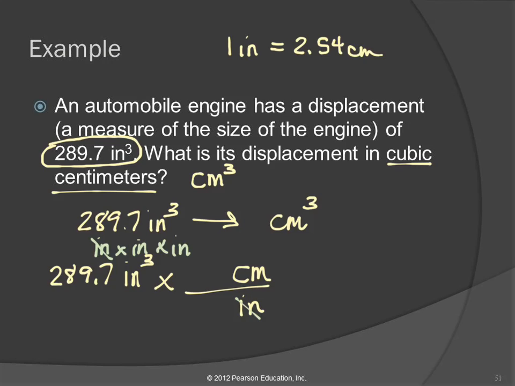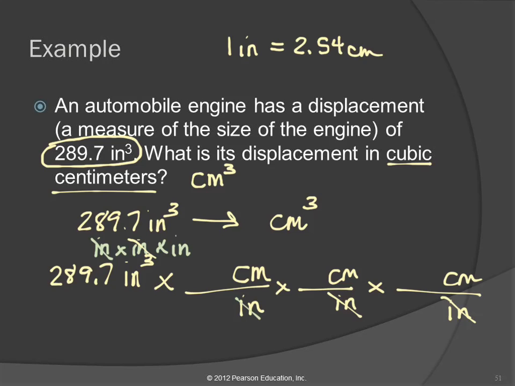There's still 2 more. How can we get rid of those? Well, we could put this factor in again. If we put in centimeters per inch again, this will cancel one more of those. So we need another one. This is weird, huh?